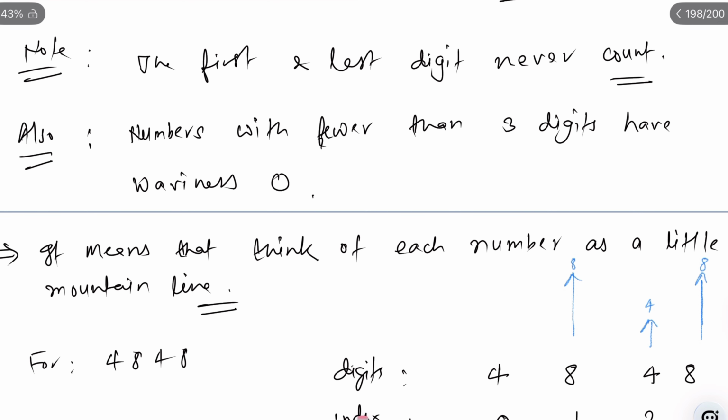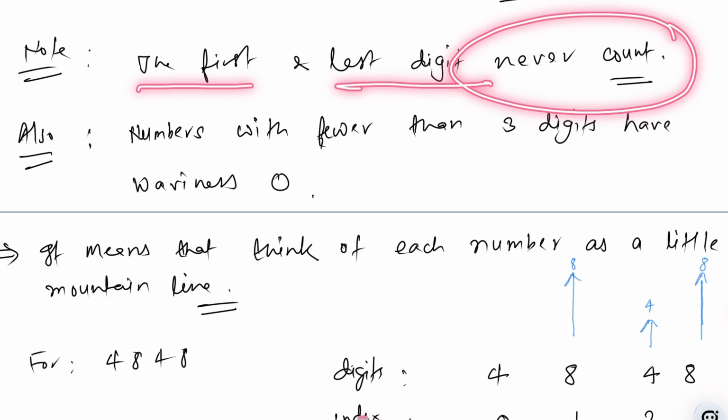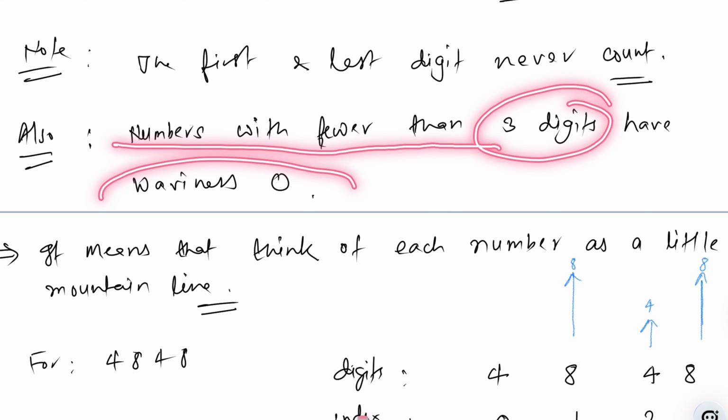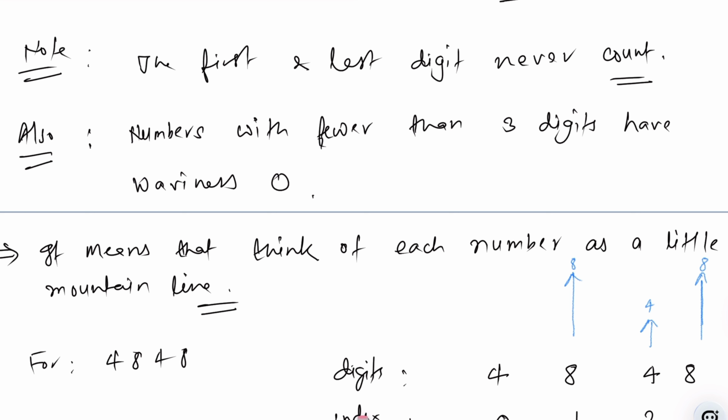The main thing the question says is that the first and the last digits never count. Also, a number with fewer than 3 digits doesn't have any waviness, so it's 0, because with only two digits it doesn't matter.